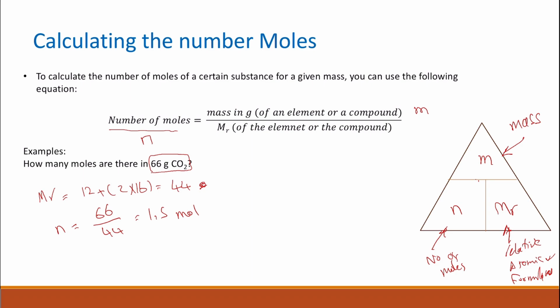If you don't know the compound and they give you the mass and number of moles, then you can use it to calculate the relative formula mass. And if they give you the number of moles and the relative formula mass, you can then calculate the mass in gram.